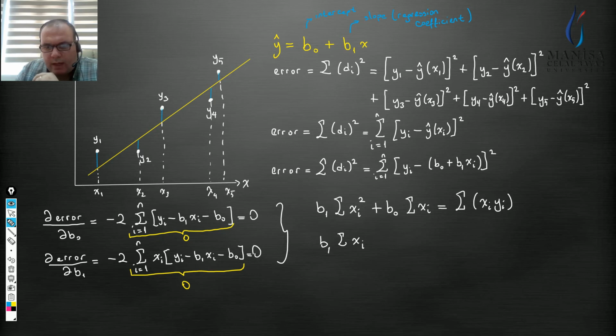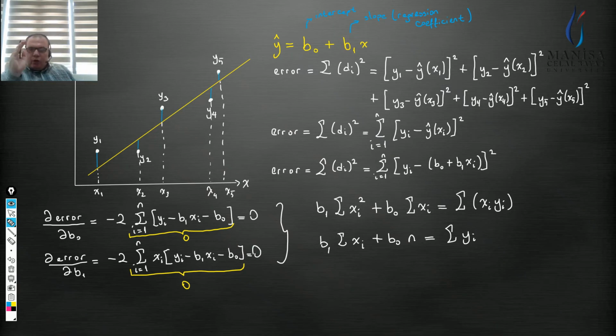So the sum of xi plus b0 n, and this n comes from the sum from i equals 1 to n of xi to the power of 0. Okay, and we can write this term n equals the sum of yi's. So we have these two equations.